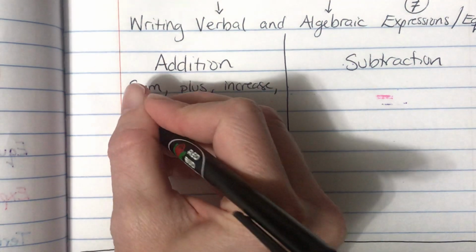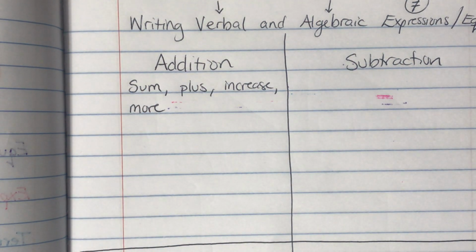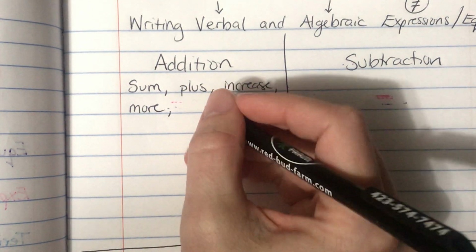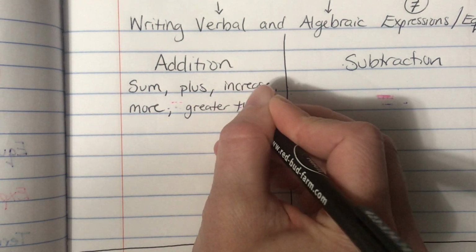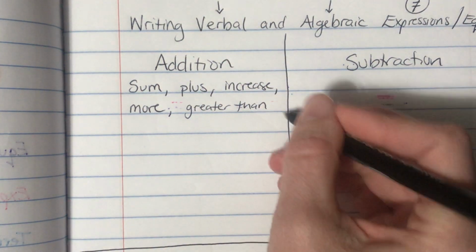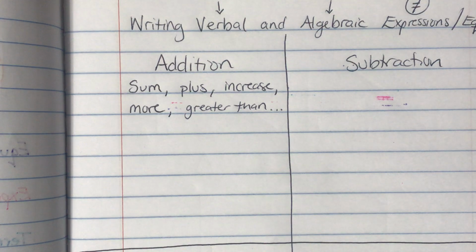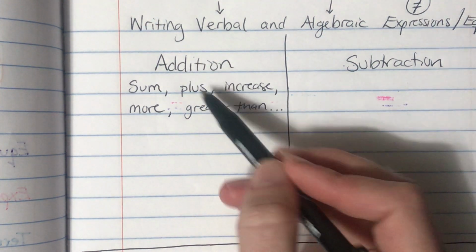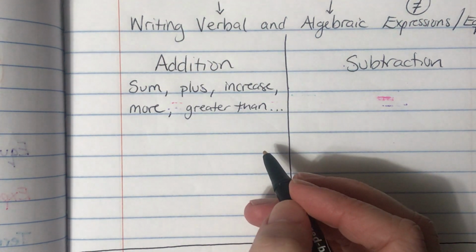The word more. If you have more of something, more than this, more than that, then you're adding. Greater than. And there's more, but those are probably the biggest ones you're going to see. Maybe even added to. I'm not going to write down add or addition because that is in the word, but those words also mean addition.